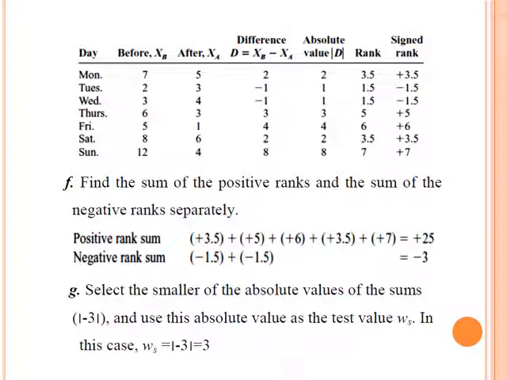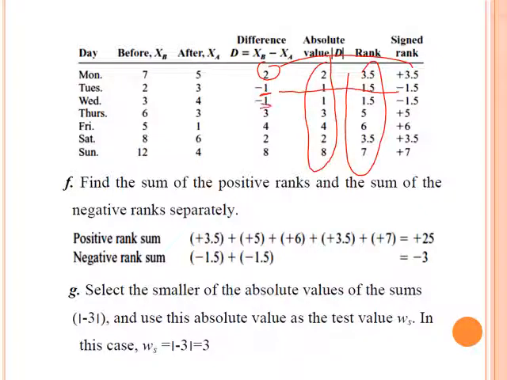We already took the values with the absolute value, then made a rank like this, and recall again the signs. This is a positive sign, so take it positive. This one has a negative sign, so take it negative. This is a negative sign, so it becomes a negative value, and so on. Every value, recall the sign of the difference to get the values like this.